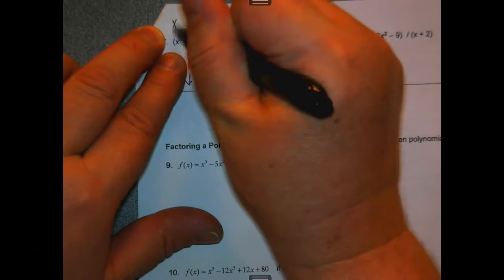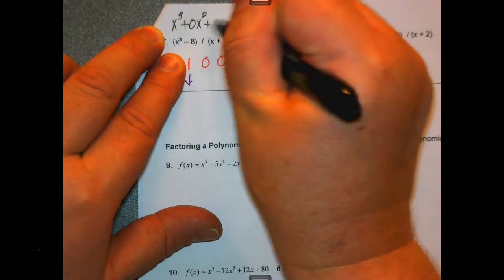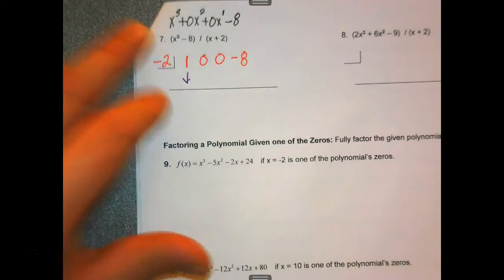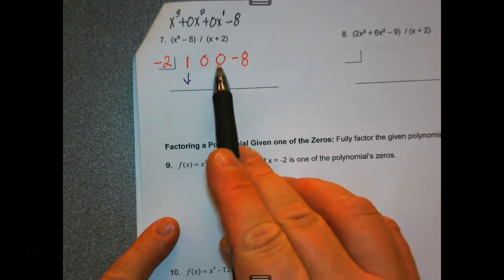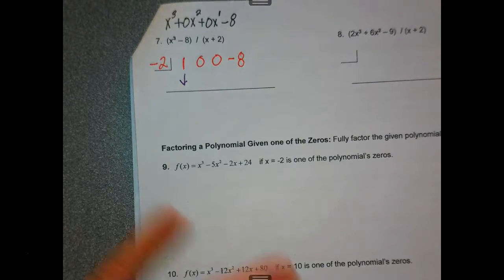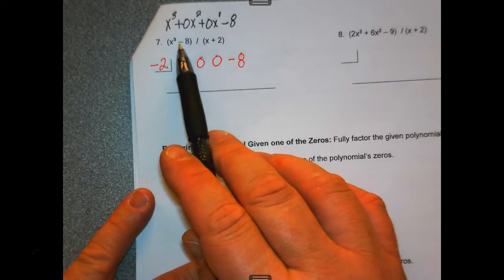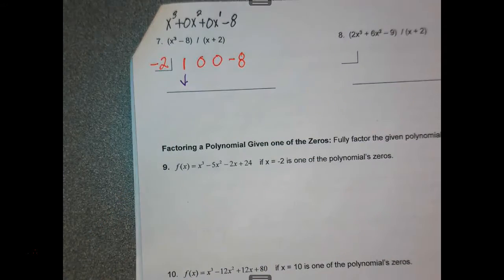This is x cubed plus 0x squared plus 0x to the first minus 8. I needed all of my coefficients. Well, there is no x squared and x to the first. I have to have those to do synthetic division.